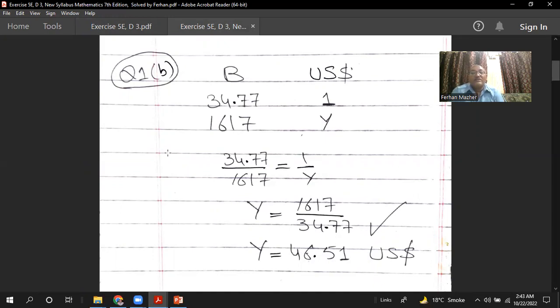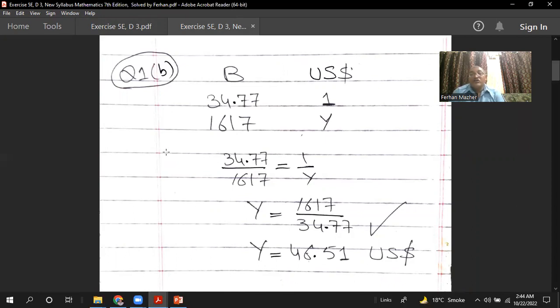So 1,617 Thai baht equals how many US dollars? I will write the ratios in fraction form: 34.77 divided by 1617 equals 1 by y. Cross multiply and make y alone. So y will be equal to 1617 divided by 34.77.